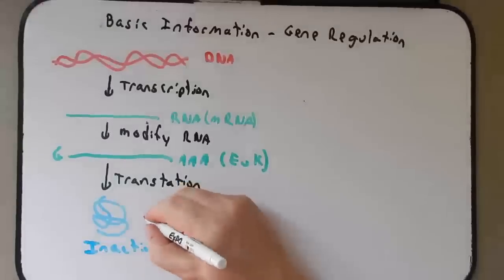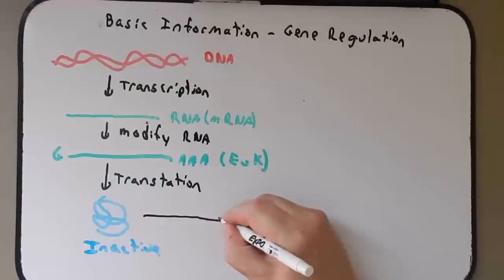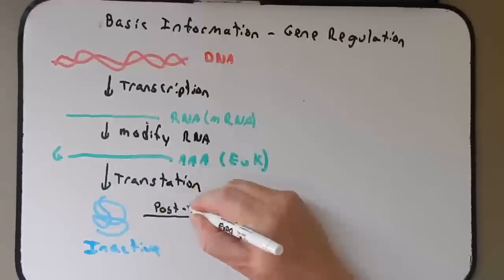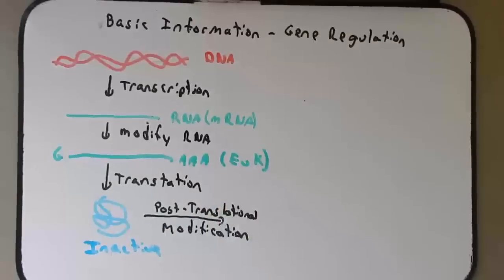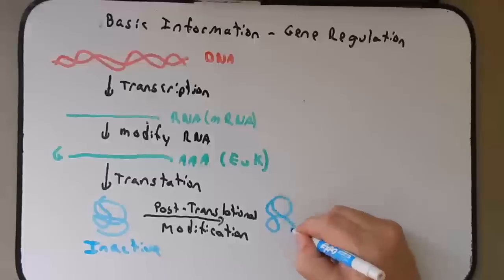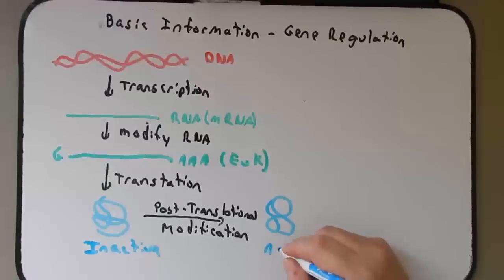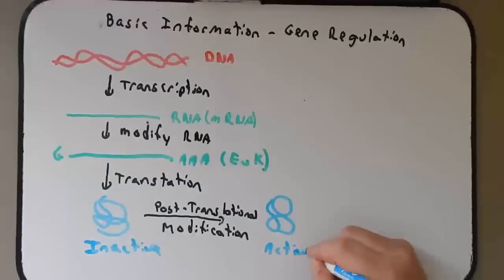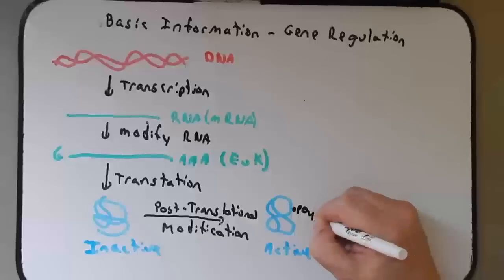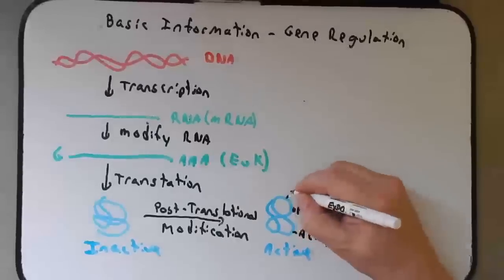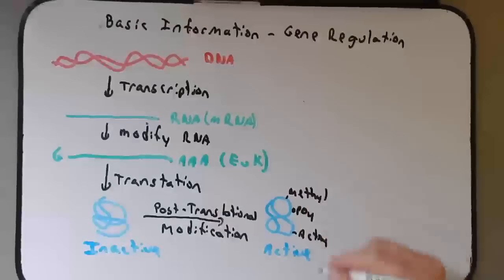And so sometimes there are steps that we'll just call post-translational modification, where that protein is activated. And so now it's an active protein. So various chemicals could be added to it, like a phosphate group, or an acetyl group, or a methyl group. And we'll talk about these later.